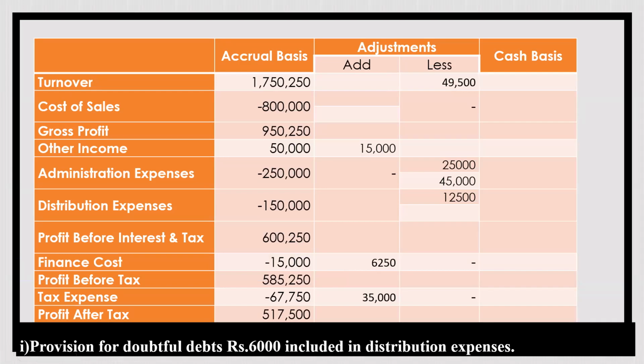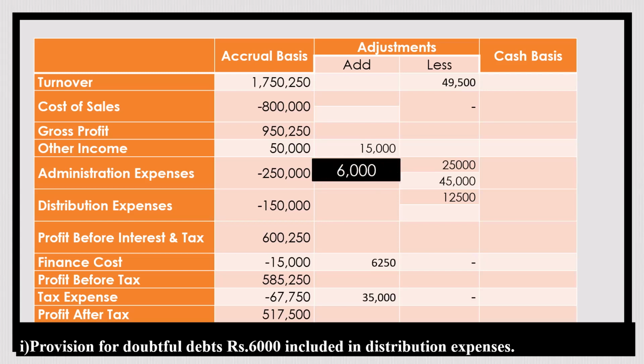Now, let's see the final one, that is the provision for doubtful debt. As I mentioned earlier, this provision, impairment, these amortizations are non-cash items. Therefore, this provision has increased the current expense value, so we have to remove it back.